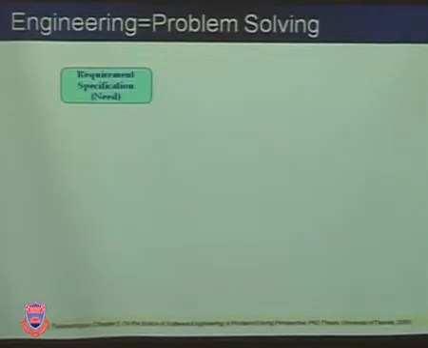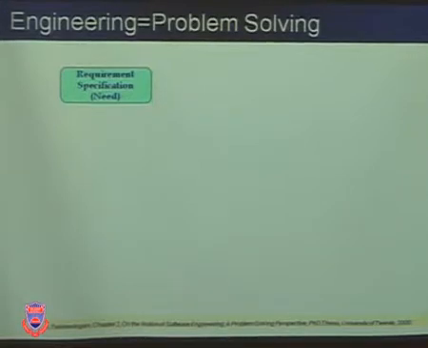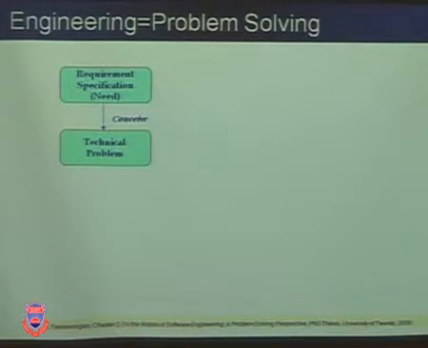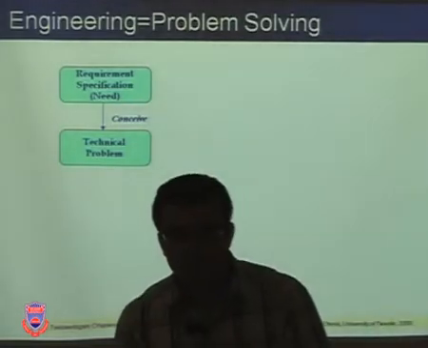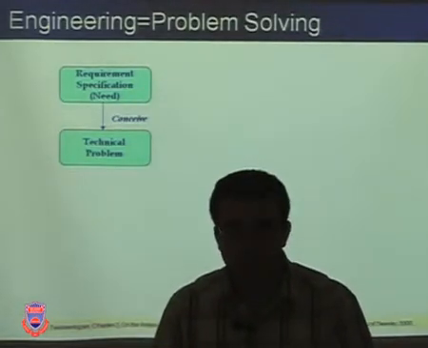It is based on a problem-solving model, which is like here. So we start with the requirement specification for any problem solving. What we first do, in general, is to try to define the problems, the concerns.